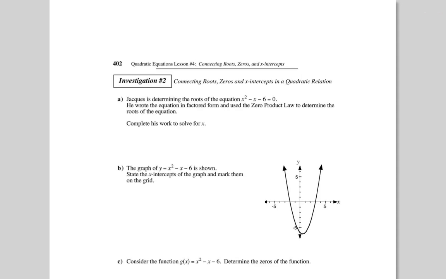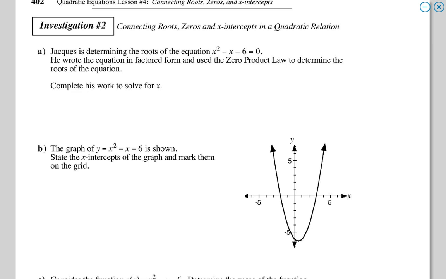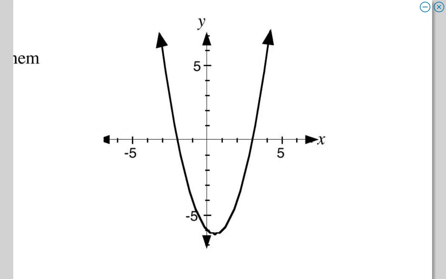So this is more of the 20-2 style, where you have to deal with the quadratic. So staring at the graph, can you identify the x-intercepts? Here's one being 3, and here's one being negative 2. So x equals 3, x equals negative 2.